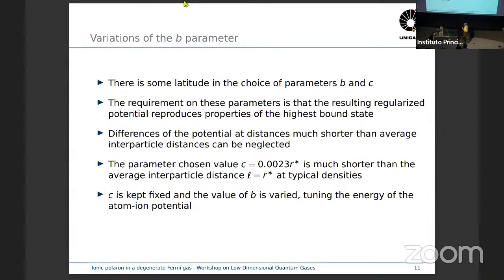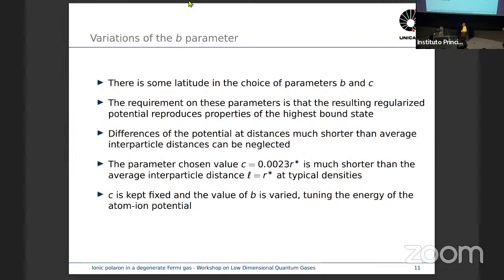What we do, we have some latitude to choose B and C. The important thing is to have these parameters in such a way that the low energy process for the highest bound state be taken into account in a reasonable way. And differences, when we change this pair of parameters, at small distances can be neglected.